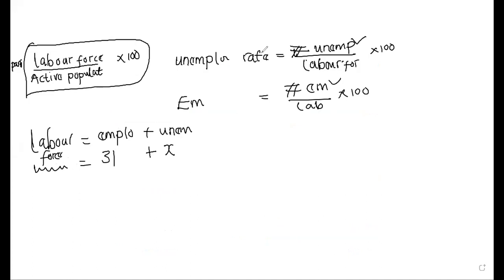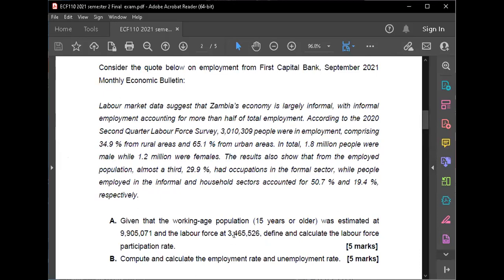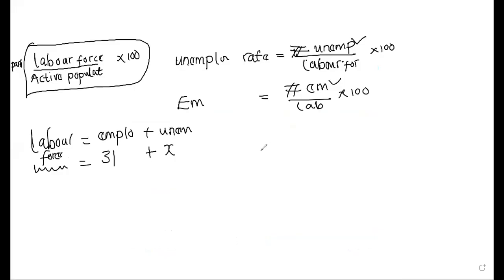To get the unemployed, what's the answer we're getting when we subtract this? So we have the labor force 455. Okay, let me just write it down. So the number of people that are unemployed, right, is 455217. These are the number of people that are unemployed.